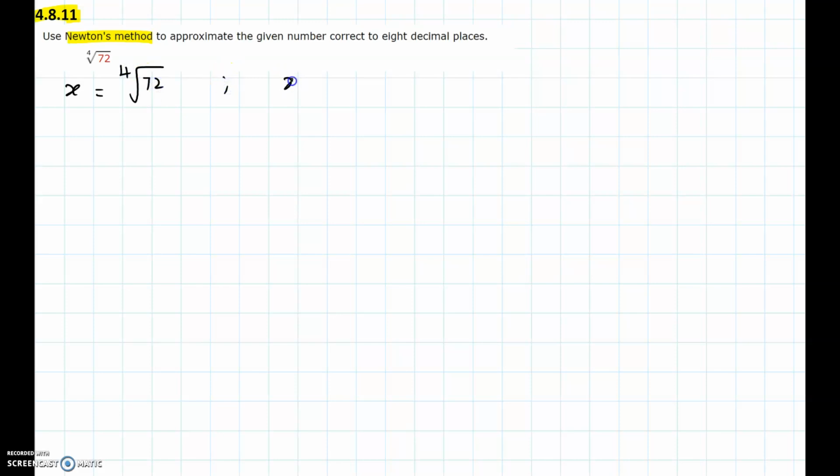So if you take the fourth power on both sides, it will become x to the power 4 equal to 72. So it is x to the power 4 minus 72 equal to 0.